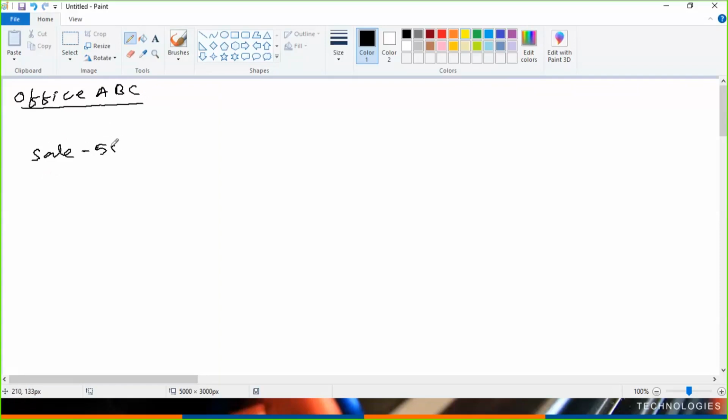The HR department has 50 computers. Marketing department, 50 computers. IT department, 50 computers. So my question is, in total how many devices are in Office ABC? 200 hosts.